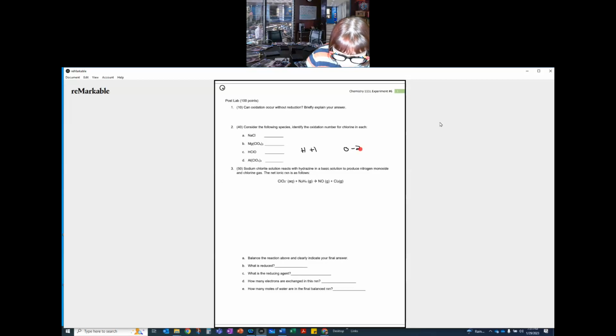So if I add those two together, I still have a -1. But overall, this thing needs to be a 0 charge because it's net neutral. So that means that the Cl has to be +1 as well. So that's what you need to do, is determine what is the oxidation number for chlorine in each of those species. Okay, I'm not going to do it anymore. I'll let you do that.